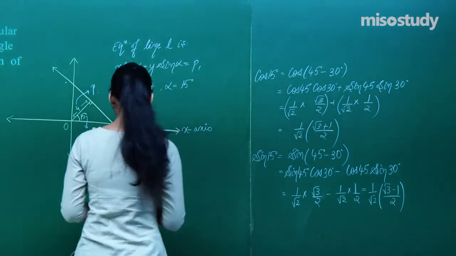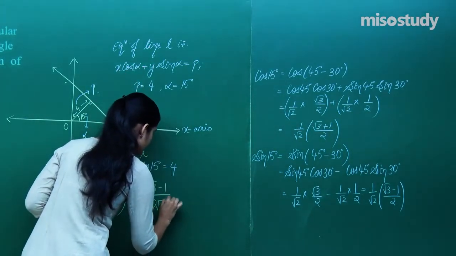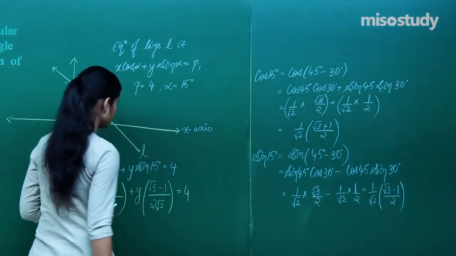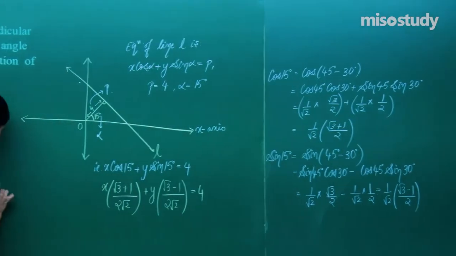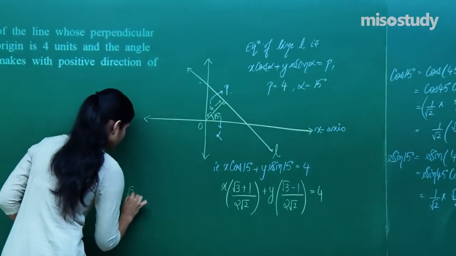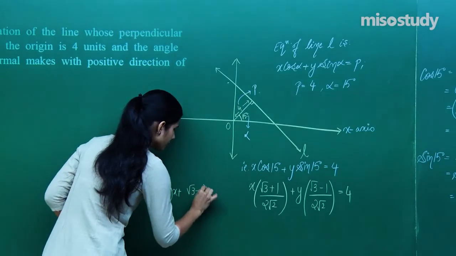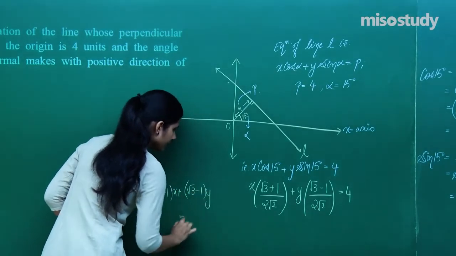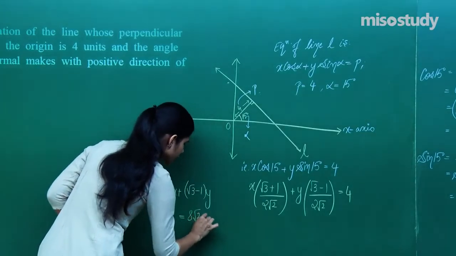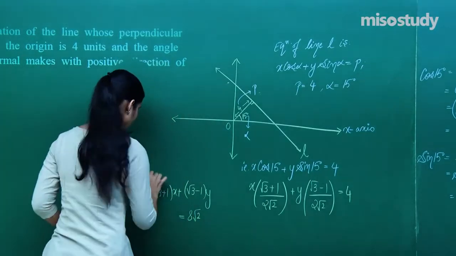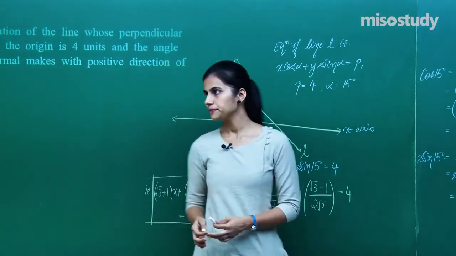So this happens to be root 3 minus 1 by 2 root 2 equals 4, which eventually gives you, as the final answer, root 3 plus 1 times x plus root 3 minus 1 times y is equal to 2 root 2 into 4, that is 8 root 2. This happens to be your final equation for this line.